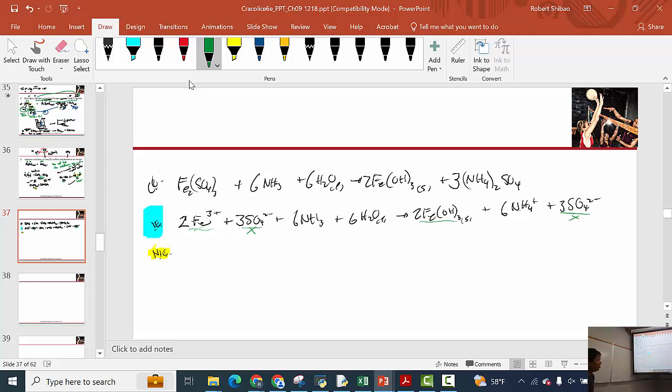Water, yeah, there's no water on the right, and so those change. And so the only spectator will be sulfate. So let's eliminate the sulfate, and so we're going to get 2 iron 3 plus, 6 ammonia, plus 6 waters. This is going to yield 2 Fe(OH)3 solid plus 6 ammonium.